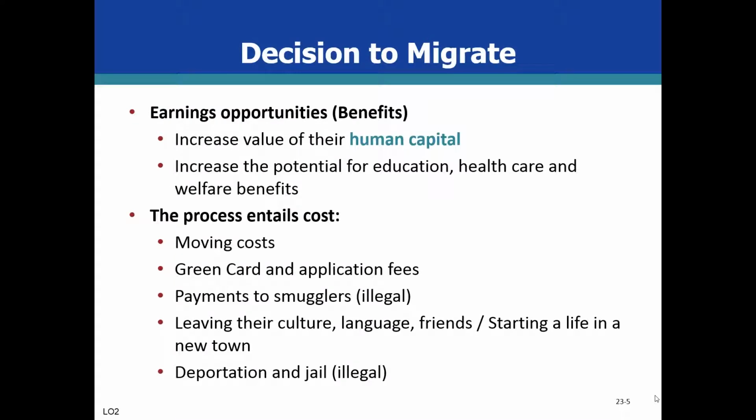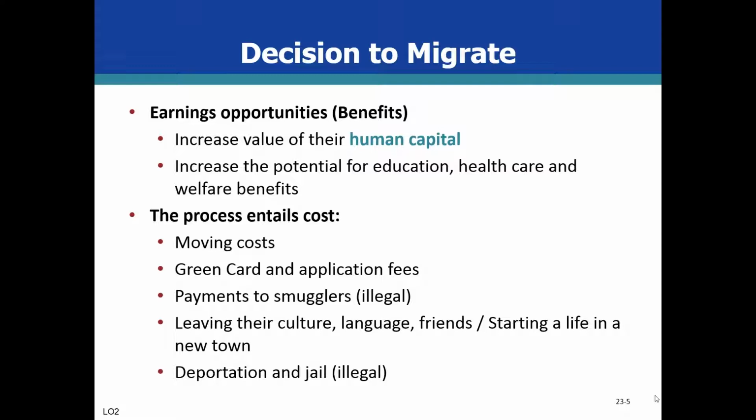The legal and illegal immigrants' motivations to migrate, as I mentioned, are similar. Basically, to take advantage of perceived or real economic opportunities. They're looking primarily for earnings opportunities. They can earn much more money doing work in the United States than for similar jobs in their home country.